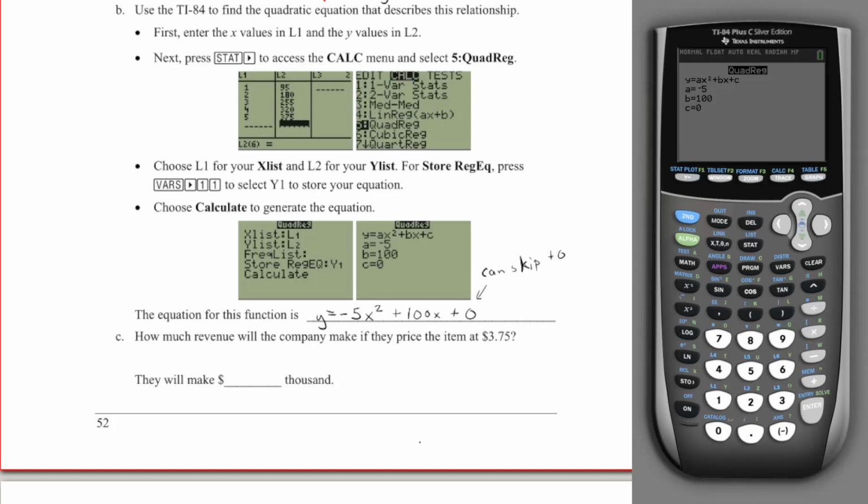So the question, how much revenue, is asking us what is Y if the price is $3.75. So X is $3.75. So we want to take our equation and plug in X is $3.75.